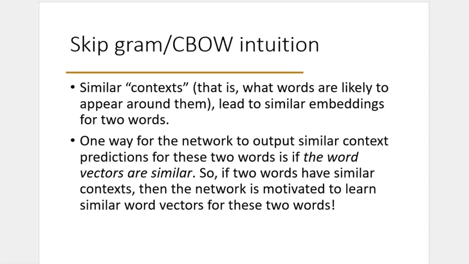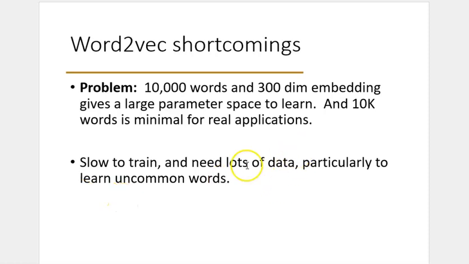Some of the problems of word2vec is that 10,000 words is really small. Already with 10,000 words and these 300 dimension embedding vectors, that's a huge parameter space to learn.